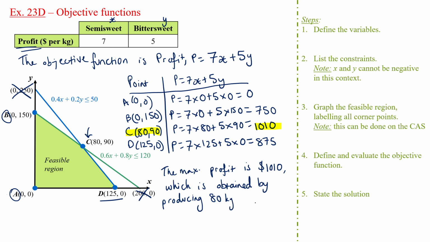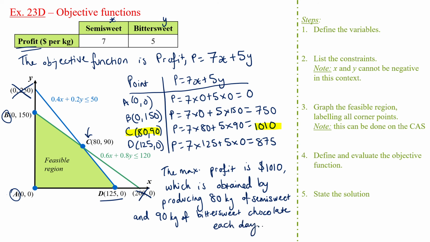So 80 kilograms of semi-sweet and 90 kilograms of bittersweet chocolate each day. Sorry, it's loading so slowly, I cannot see what I'm writing. And that's it.